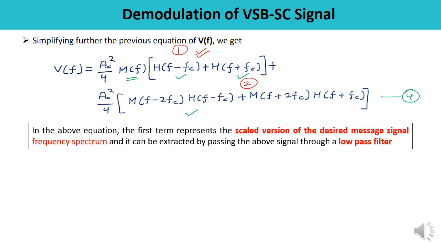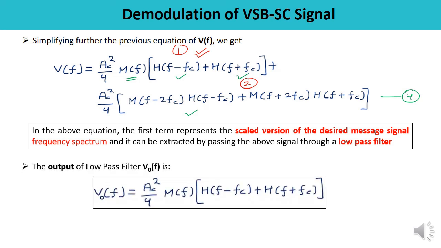It means the output of the low pass filter, which is written as V0(f), can be written as V0(f) equal to Ac square upon 4 M(f) [H(f minus fc) plus H(f plus fc)]. This is what our requirement is, meaning how we are getting the original message signal back.